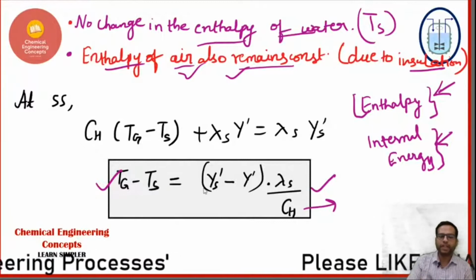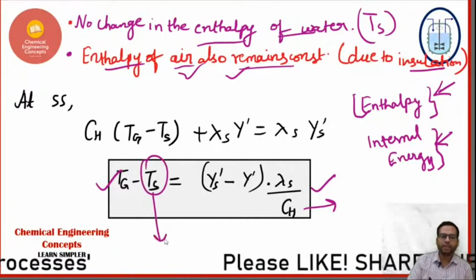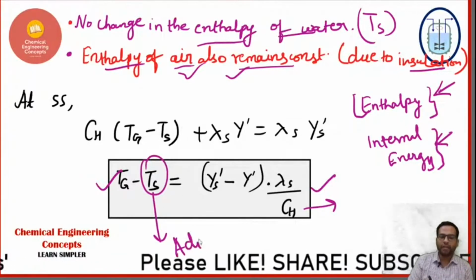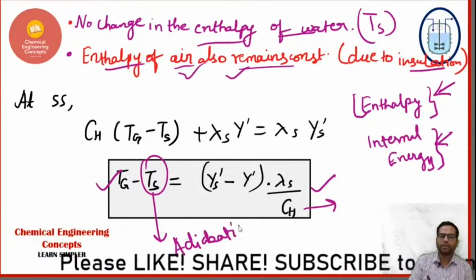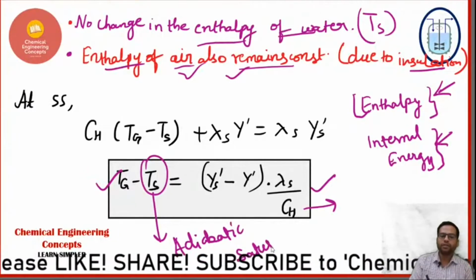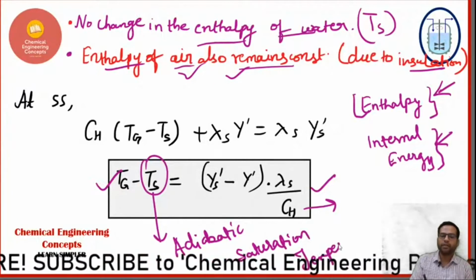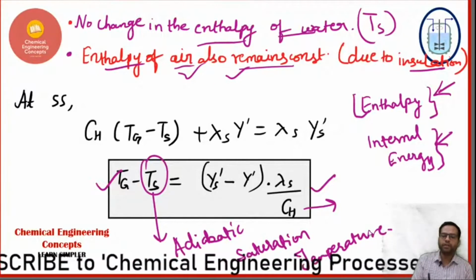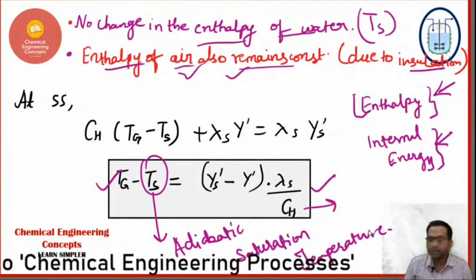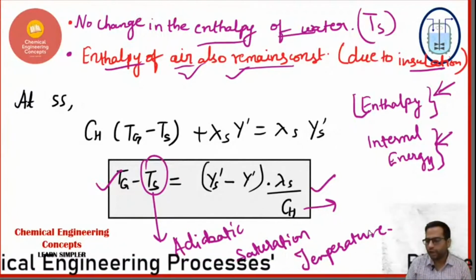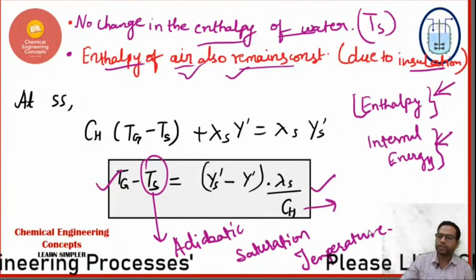The temperature Ts that we got here is the adiabatic saturation temperature, right? So we have completed it. Okay, so guys, if you have any doubt you can ask, please respond.